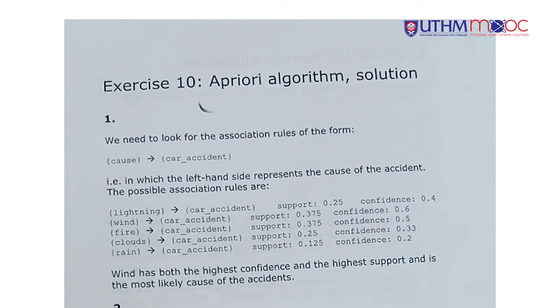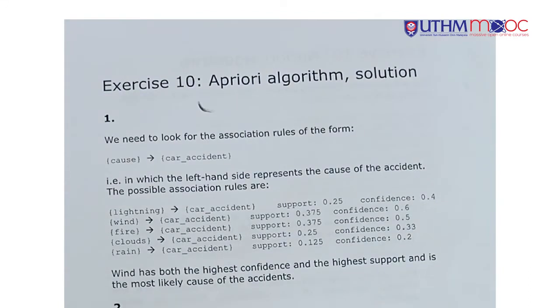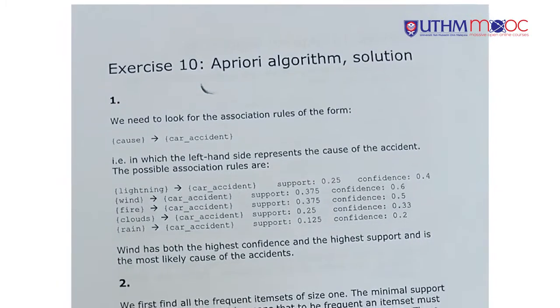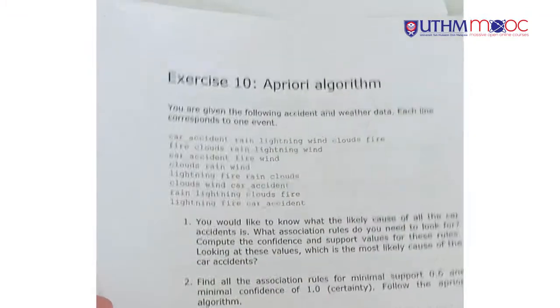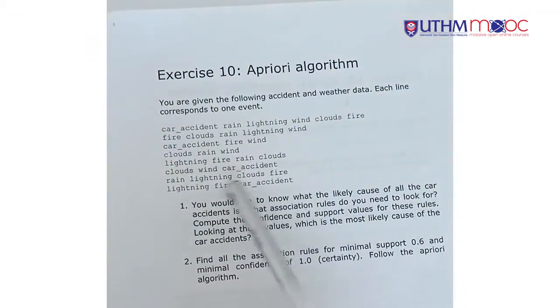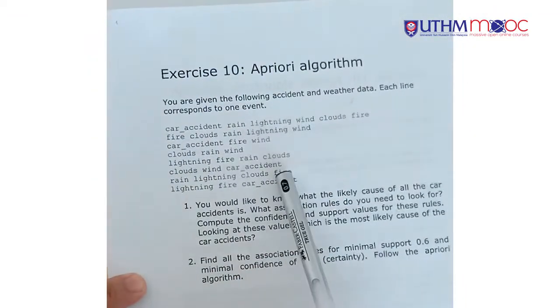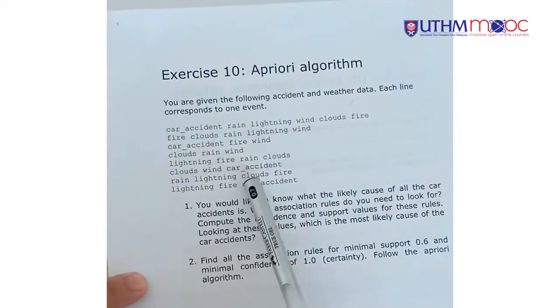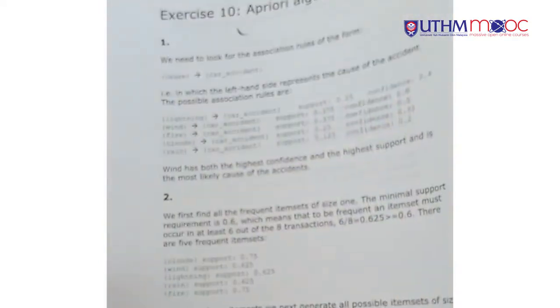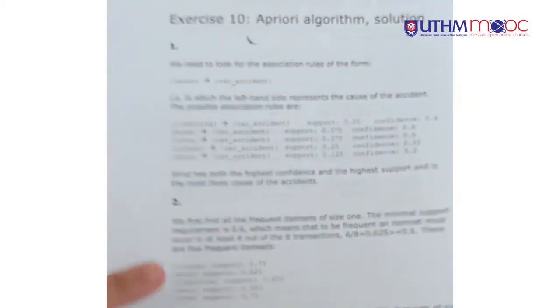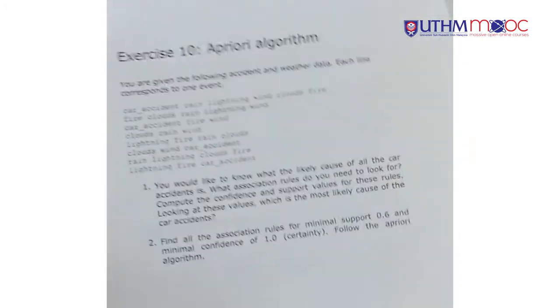So we take those frequent items that have support more than 60%. For example, cloud is 0.75, wind is 0.625, more than 60%. How do we get this 0.75? We need to find how many events, or transactions, contain cloud.